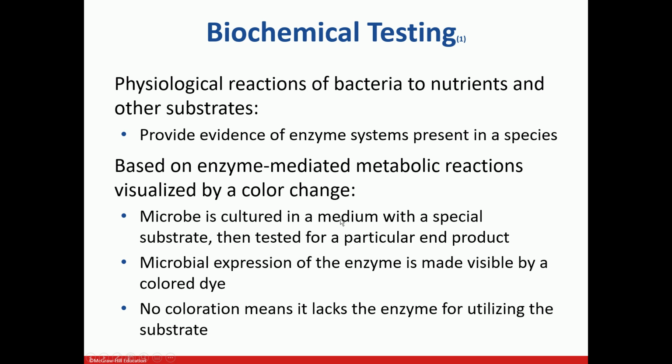As we have just discussed, biochemical testing is basically on the basis of the presence of some enzymes in the bacteria. We have already seen in that scheme there are various enzymes like oxidase and catalase, and on the basis of that we can identify. Basically, for the biochemical test, the bacteria is cultured in a medium with a specific substrate.